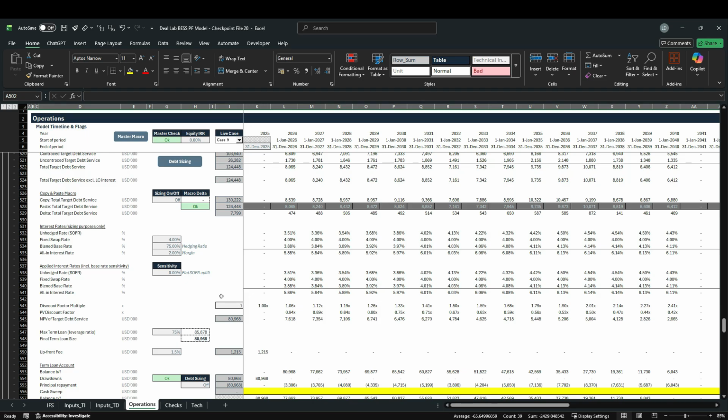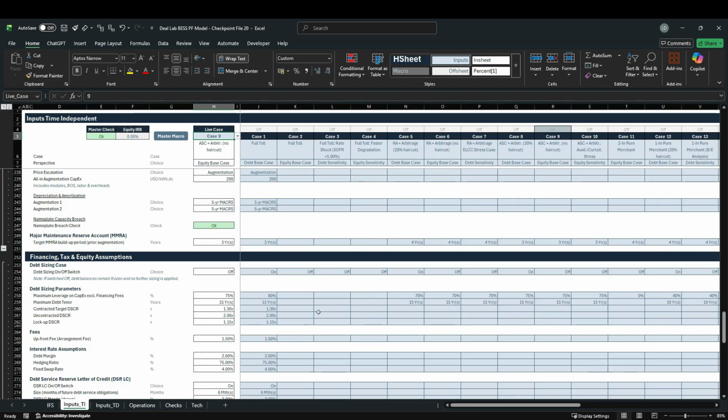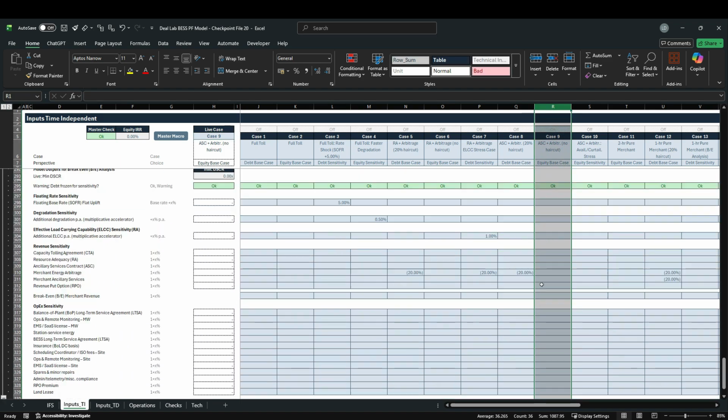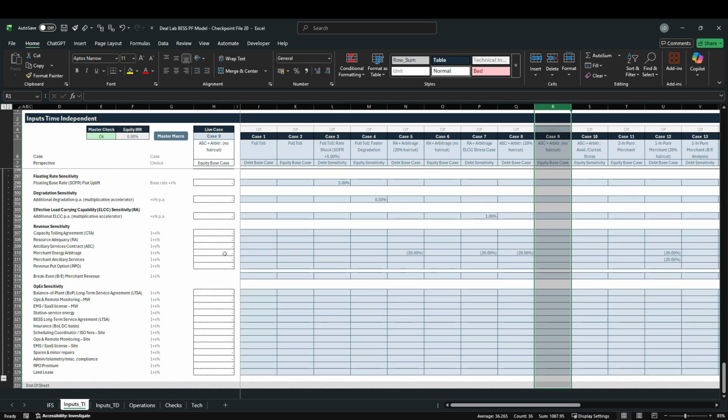And what's interesting is that you will see, once we select case 9, that our total target debt service on a calculatory basis is higher than our frozen debt structure. And how is that? That is because our case 9 is the equity base case, which does not assume a merchant haircut.